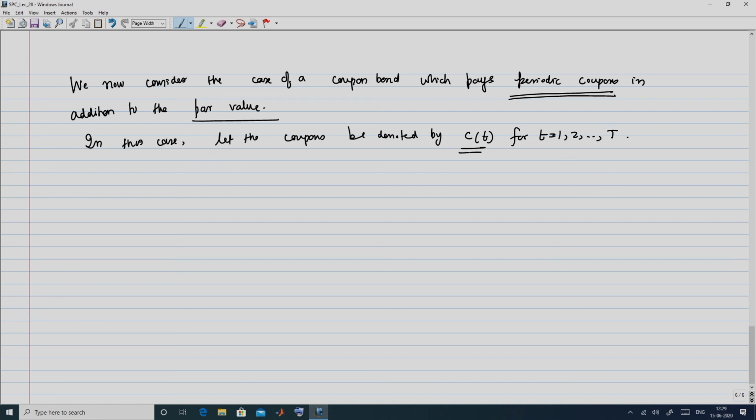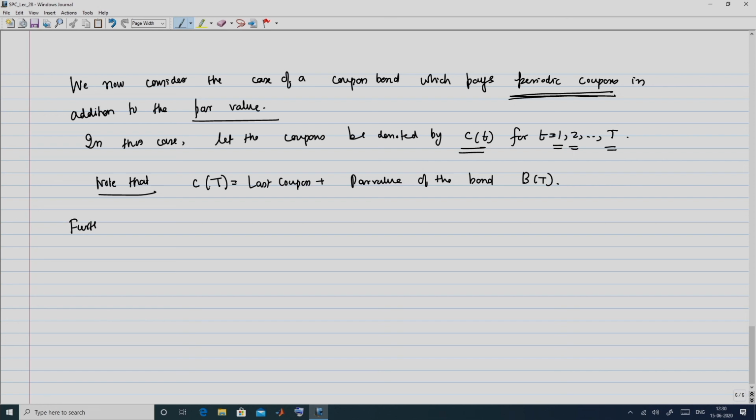So, these are the bunch of periodic coupons being paid at time t equal to 1 all the way to capital T. Note that you have to be very careful when we talk about the coupons, we have to be careful about the last coupon. So, note that C(T) is not just the last periodic coupon, but it is the last coupon plus the par value of the bond B(T).